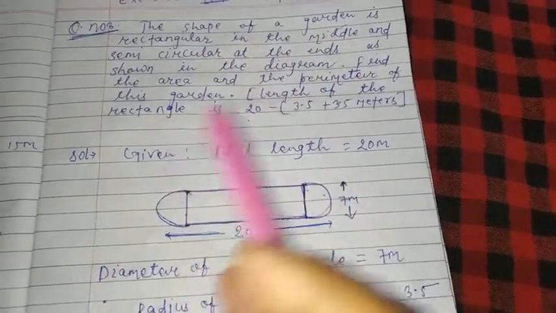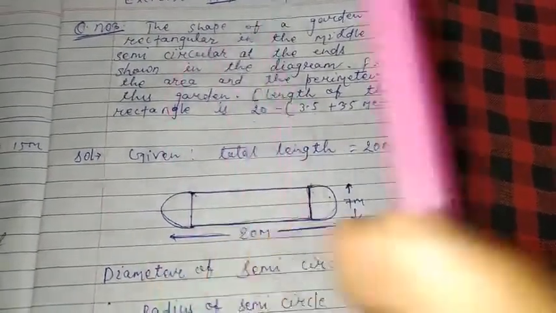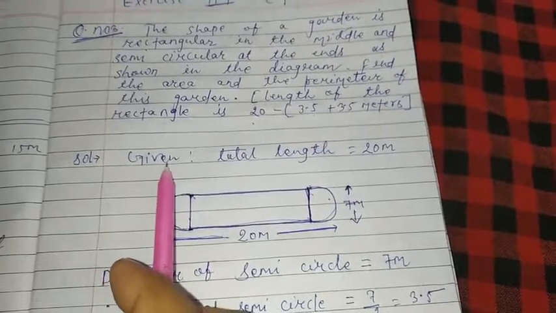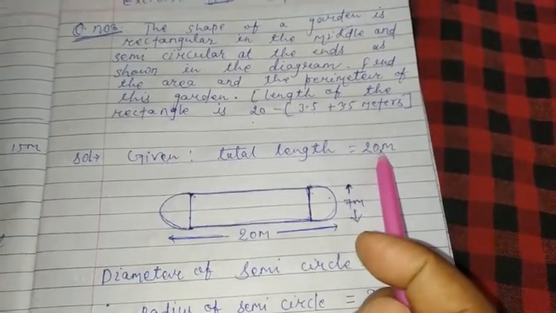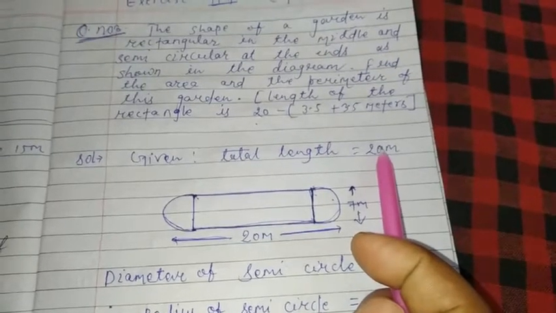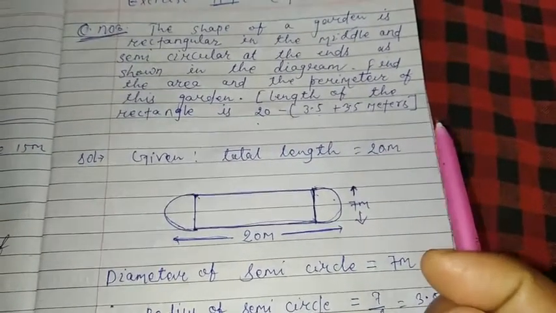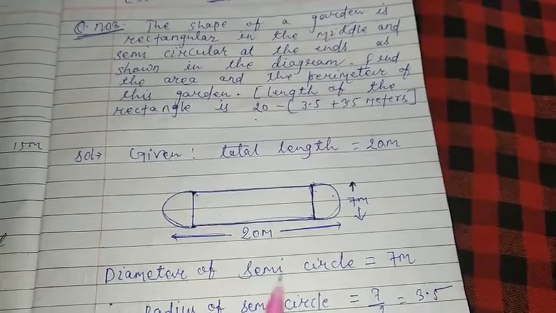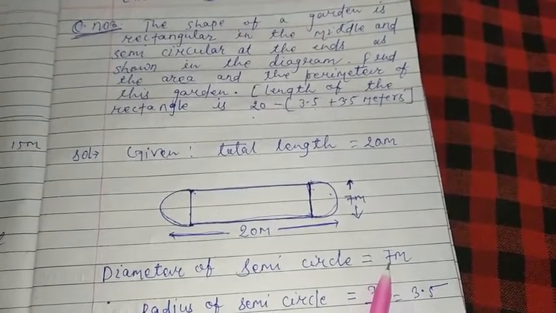Now let's come to the solution. As given here, total length is equal to 20 meter and diameter of semicircle is 7 meter.